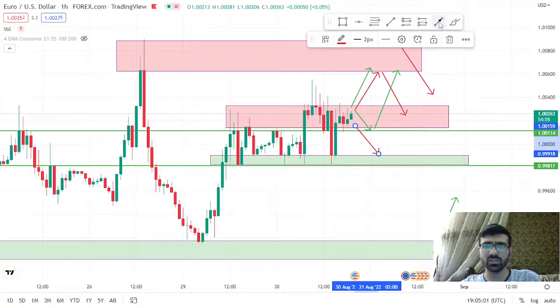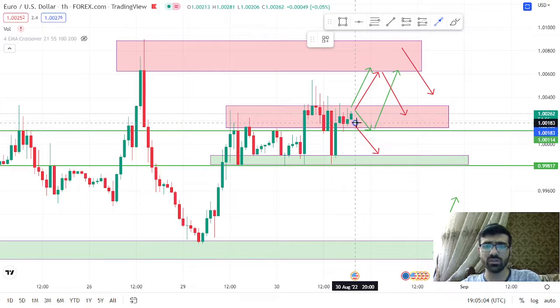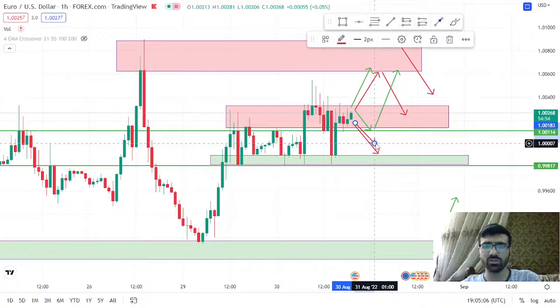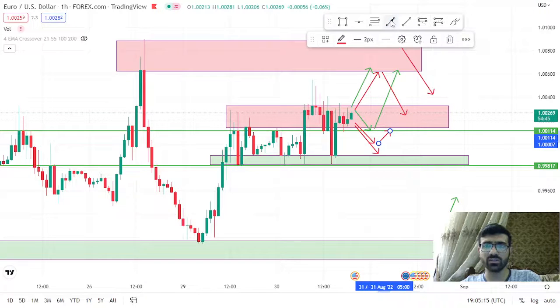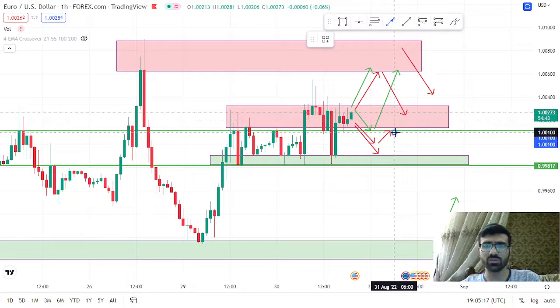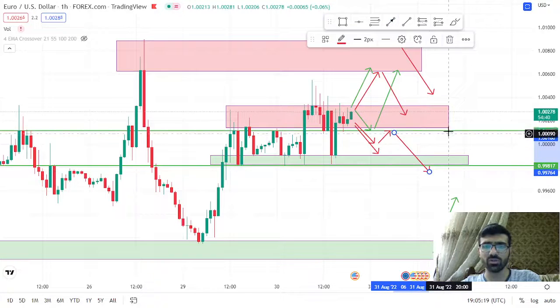And the third selling scenario would be if the market goes below this area and then respects this area again, then maybe we can go short from here and go for a longer short.